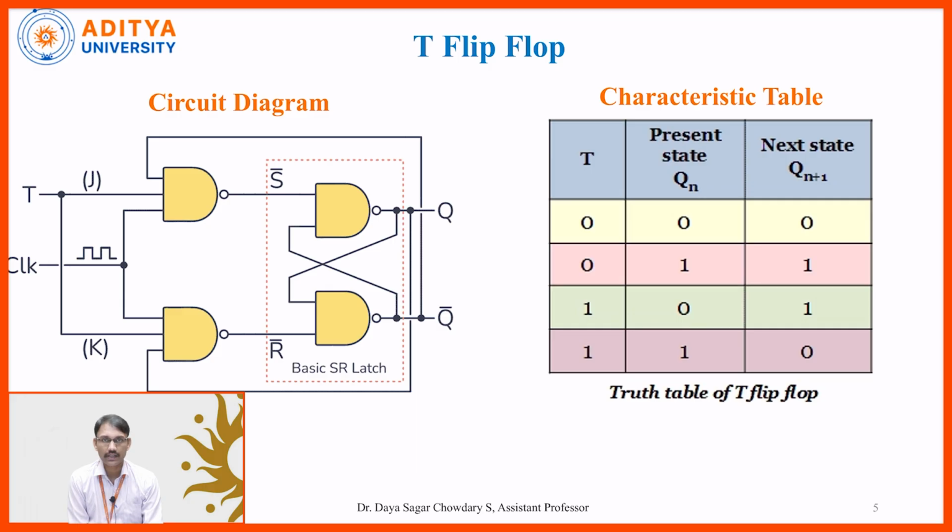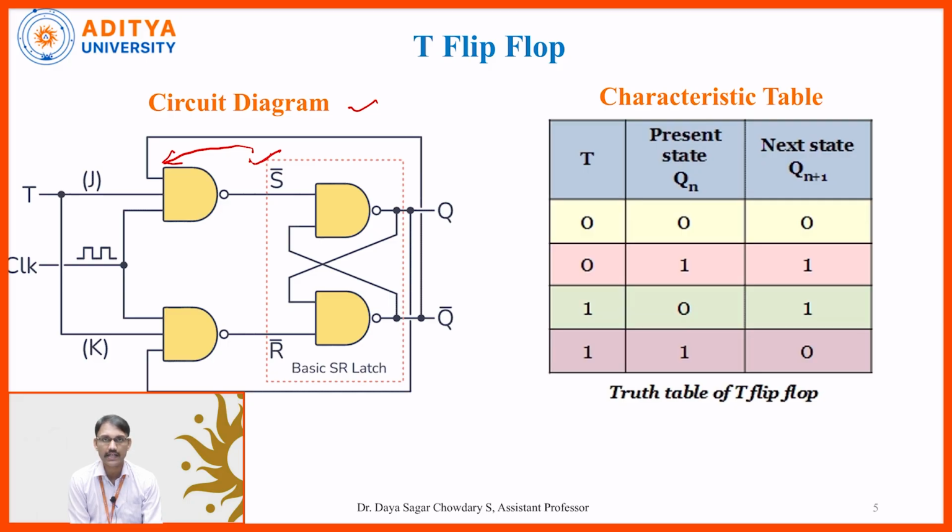Now coming to the circuit diagram. If we observe it, it contains three flip-flops. The dotted part is the SR flip-flop. The SR flip-flop is converted into JK by adding an additional circuit.